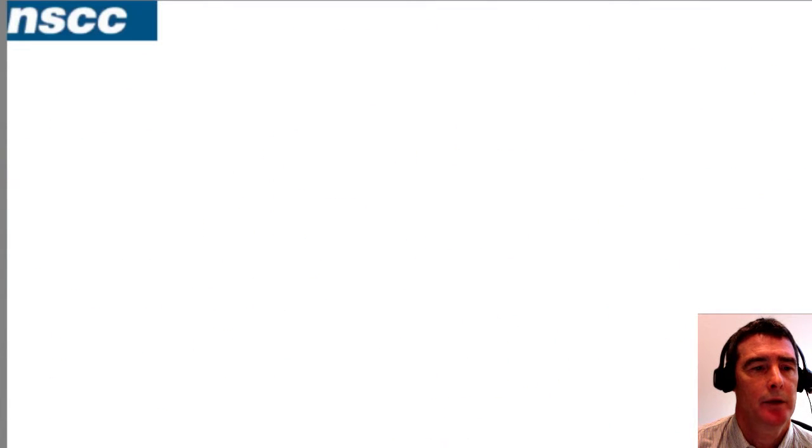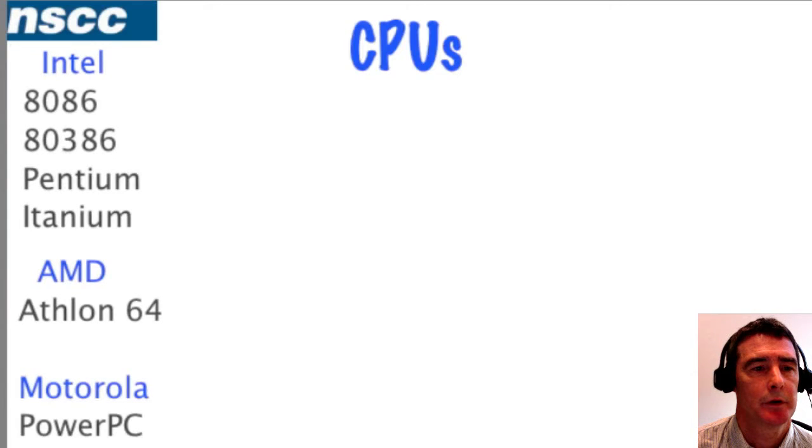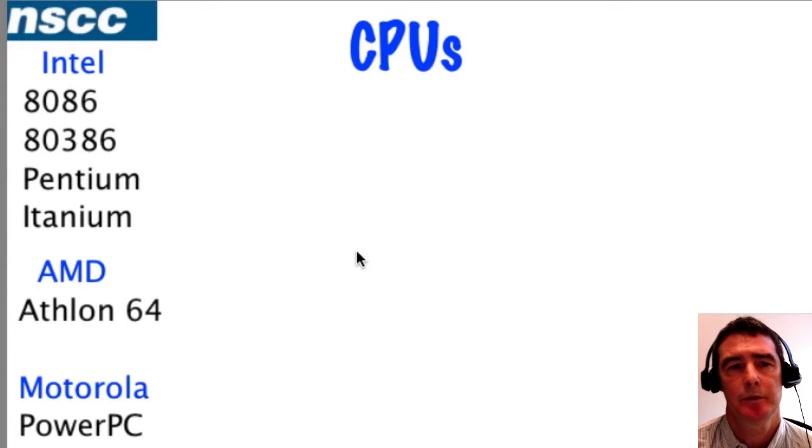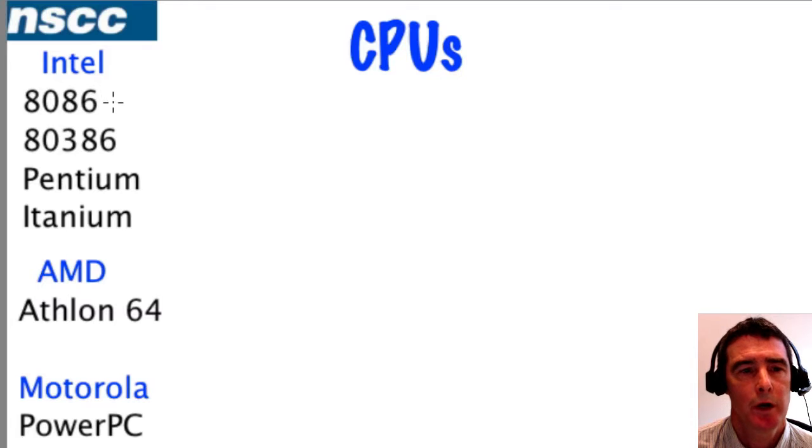Well, how does this pertain to various CPUs which are on the market? So we're going to look at a bunch of different CPUs. We've talked about the 8086 from Intel. It had a 16-bit instruction set. When the 386 came out, it was also from Intel.